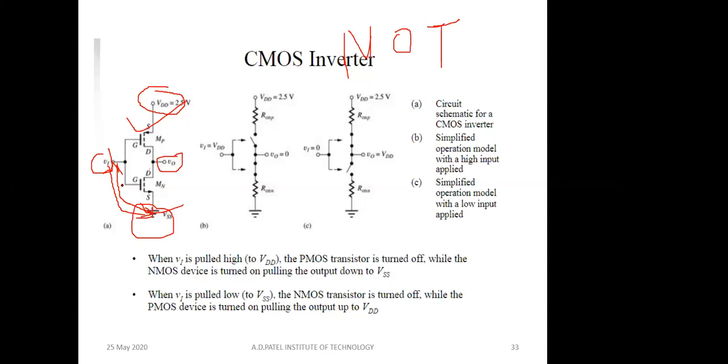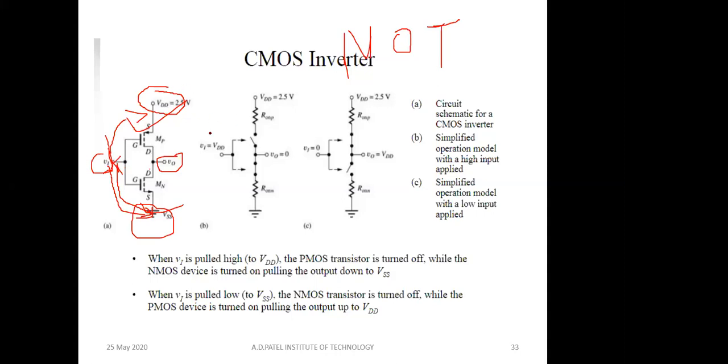If it is less than threshold, it will be off. If it is greater than threshold, it will be on. Now it is N channel and P channel, so it is complementary. Whenever one will be on, the other will be off, because one will get a positive threshold voltage and the other will get a negative voltage. So one will be off and one will be on. We will see this one by one.